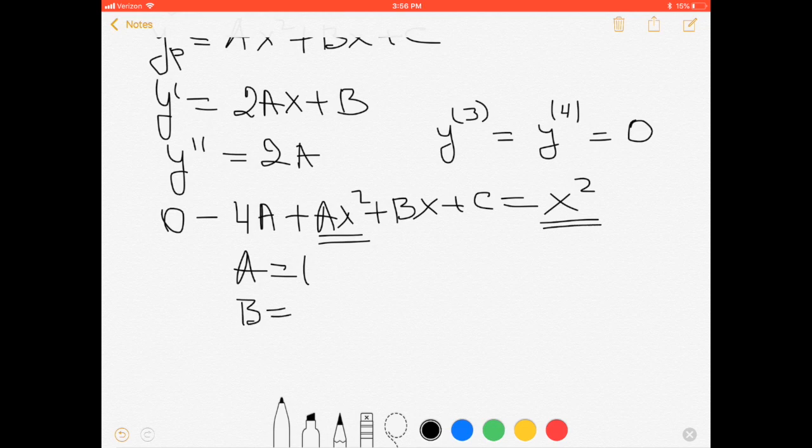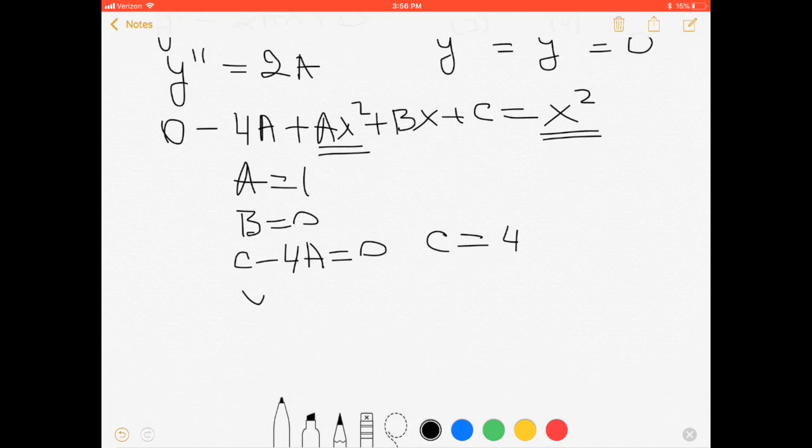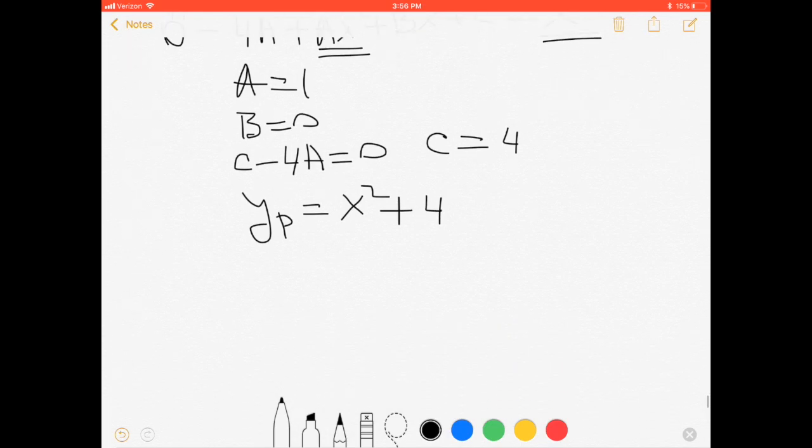B equals 0 because in the right part you don't have anything. And c minus 4a equals 0. This means c equals 4. And your particular solution will be x squared plus 4.